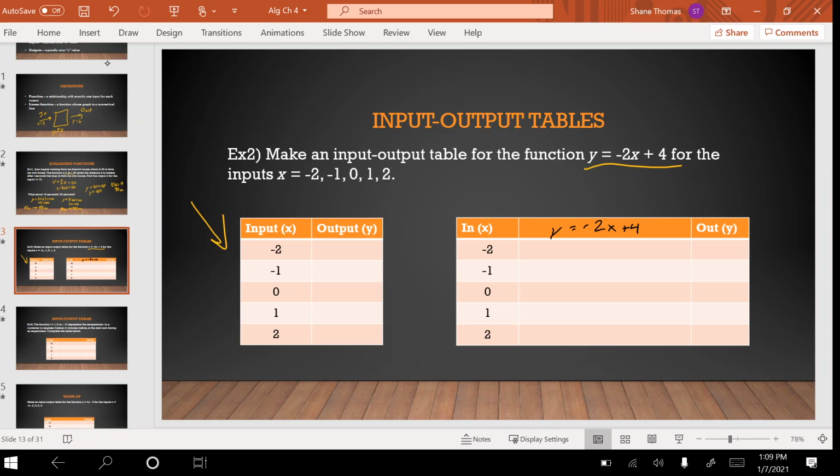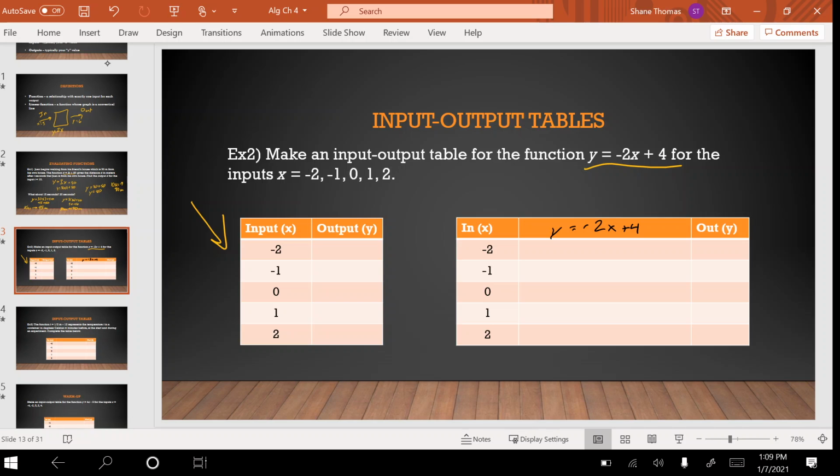Now, what we are doing each time, my input is my x, so my y is kind of irrelevant in the equation. I just have to plug a negative 2 in for x and simplify, just like I did in the last problem. Whatever I get in the end, that's my y value. Do it again with negative 1, and so on.